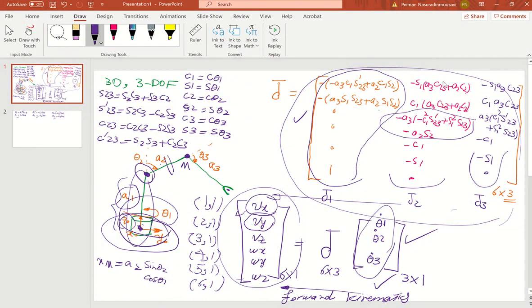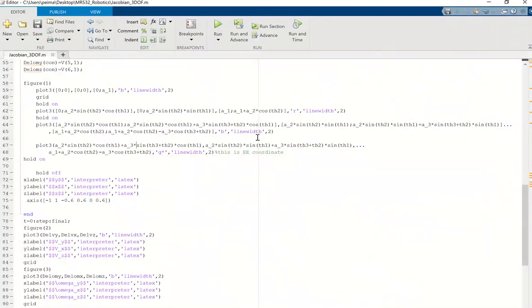So this is going to be x of that point, this is going to be y of that, and this is going to be z of that.